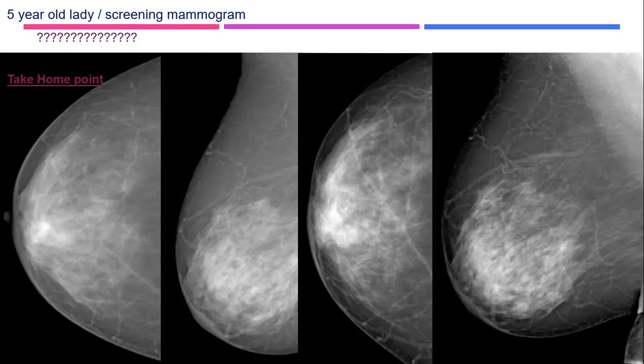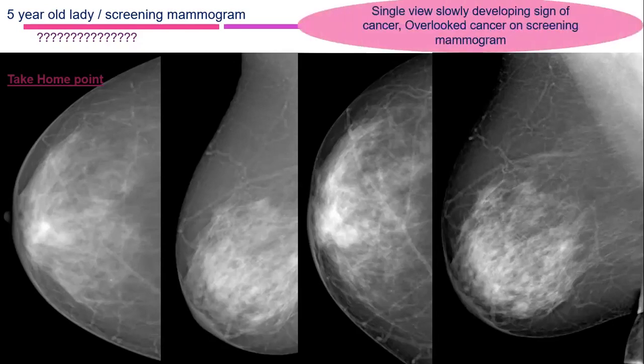Again, breast cancer being missed on screening mammography, overlooked because of a single view and a slowly developing asymmetry. We have said before, one of the reasons is a slowly developing asymmetry, or a stable cancer with little or no apparent growth.